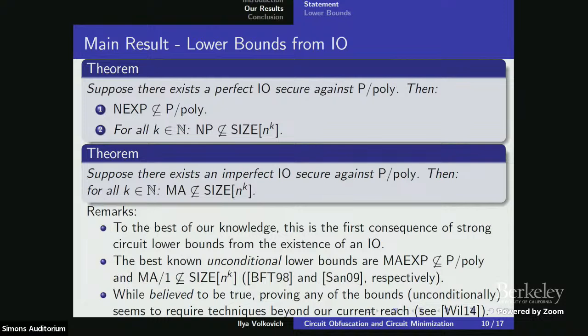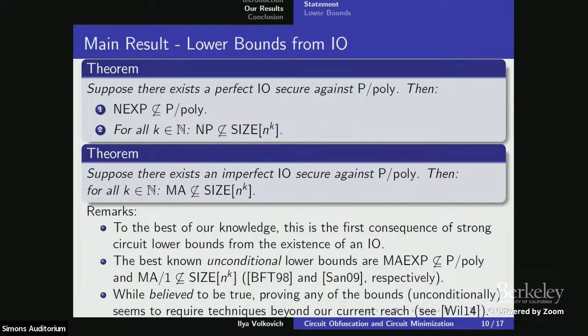If you ask what the lowest class is for which we know super-polynomial lower bounds, it is MAEXP. Again, unconditionally. There are other better bounds that we know conditionally, but then you can start asking whether IO is better than that assumption. Unconditionally, this is the best thing that we know: the smallest complexity class for which we know it.